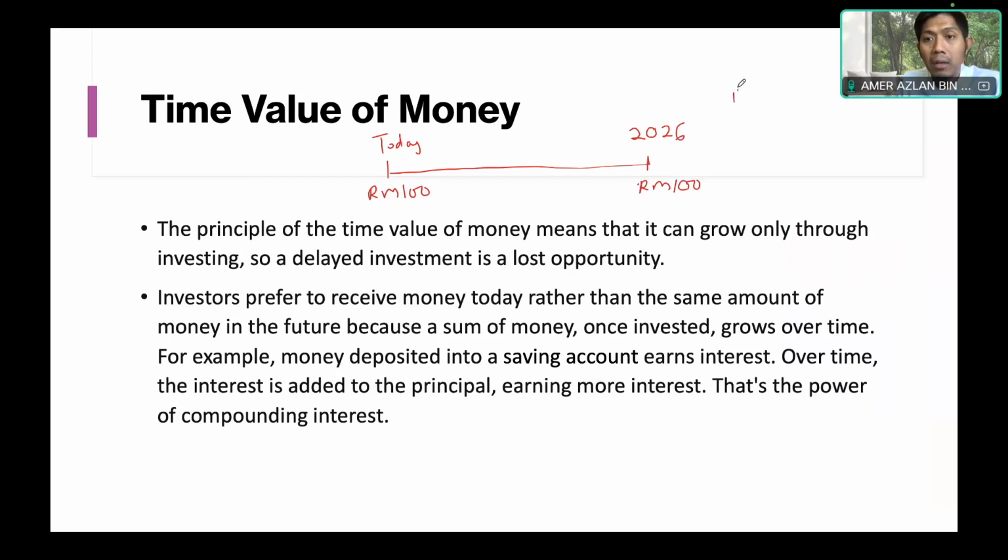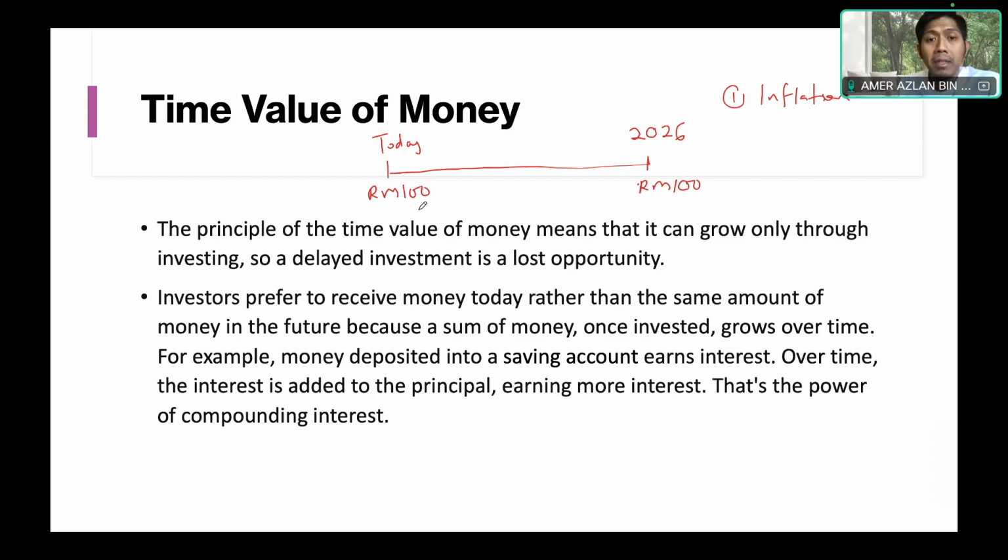Because one reason is the inflation factor, right? We all know that the rise in inflation will slowly have a domino effect in everything, and eventually it will slowly reduce our purchasing power as a consumer.